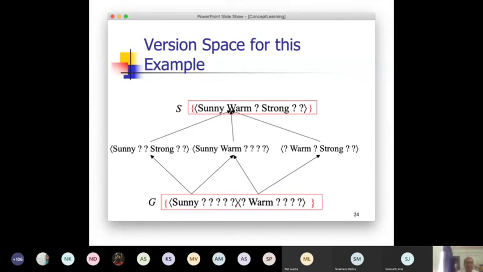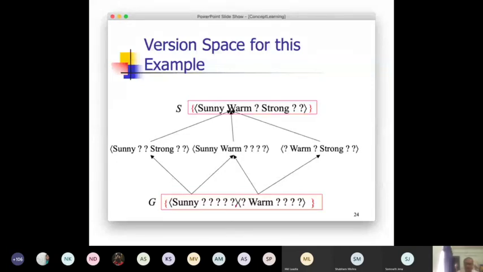You can see that among the hypotheses there is an order. It is not exactly a tree structure, but that kind of lattice structure, a partial order structure. The most specific, or I should say maximally specific hypotheses.